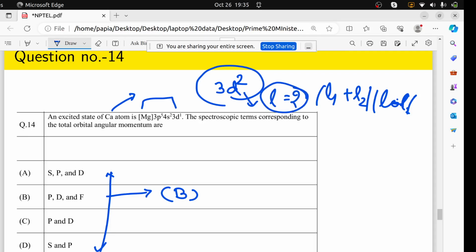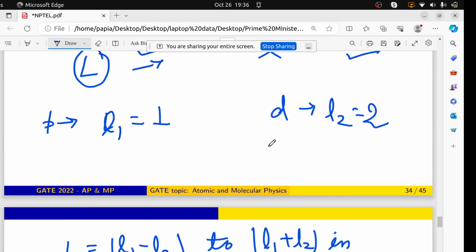But as in that case P is also unfilled, D is also unfilled, I mean not fully filled, that means we have to take these two combinations in our total orbital angular configuration. So L can have the mod of L1 minus L2 to L1 plus L2 value. Okay, so I think it's understandable.